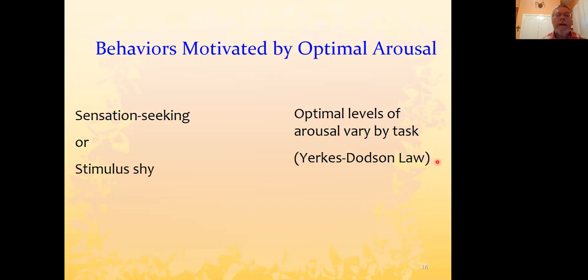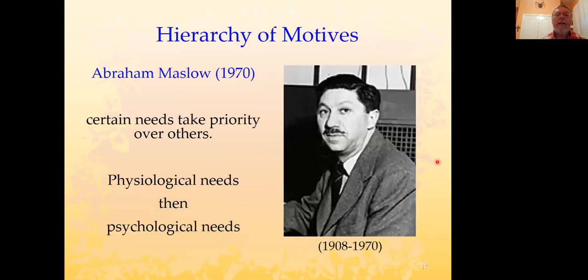Okay, so moving on, we also can look at hierarchy of motives. This is something that was identified by Abraham Maslow. He looked at how people went about satisfying certain types of needs and found certain needs took priority over others.